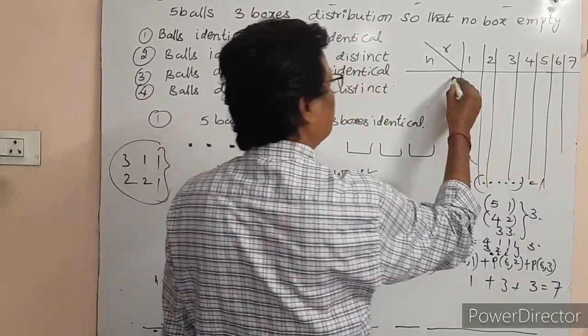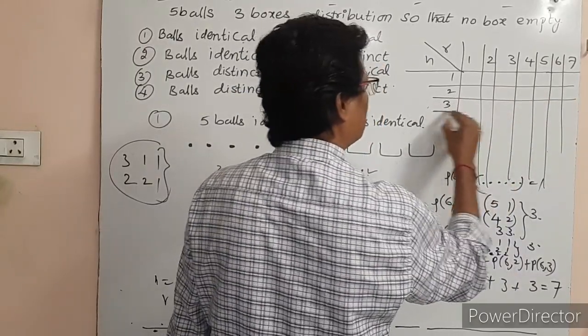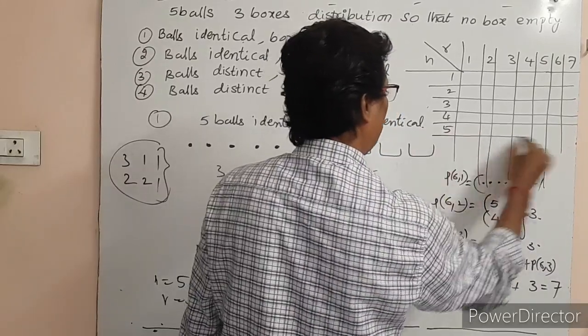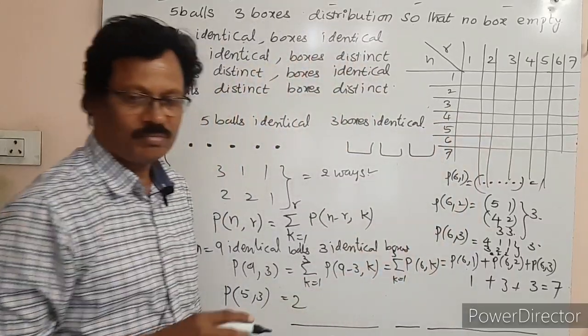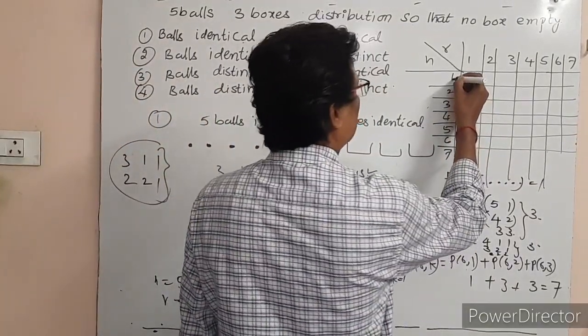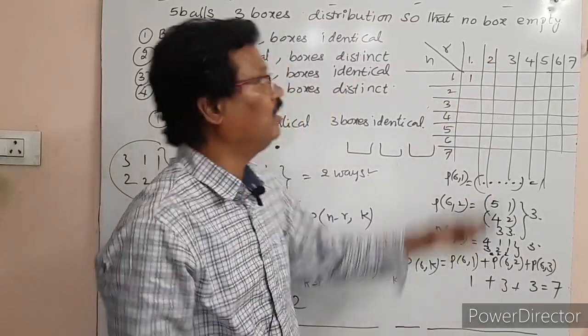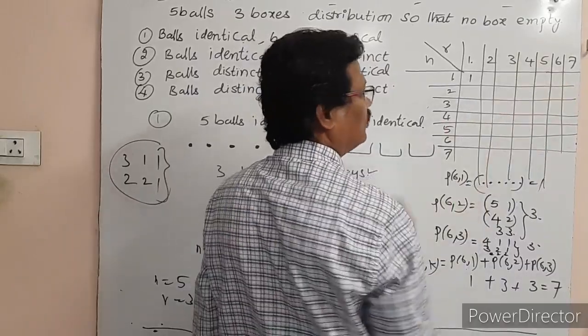Now number of balls may be 1, 2, 3, 4, 5, 6, 7. One ball into one partition. One ball into two partitions not possible, no box is empty. That is why these are not defined, zeros.